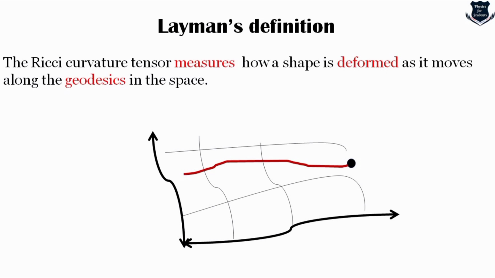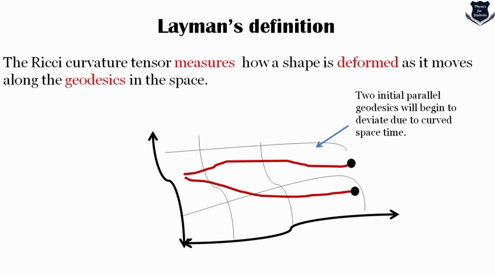Let us just understand it is a track. We get another point, a little bit below, and this curved path starts around here, goes around here, and then curves further. What we see is that those two tracks, which initially started as parallel geodesics, will begin to deviate due to curved space-time, or sometimes meet at a certain time.